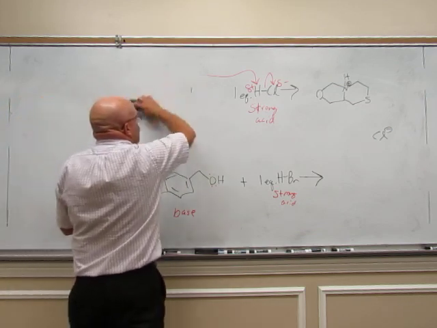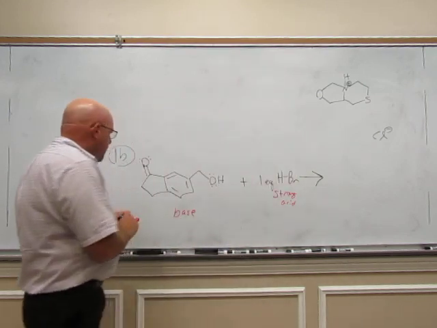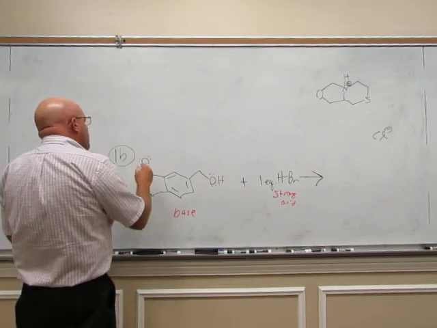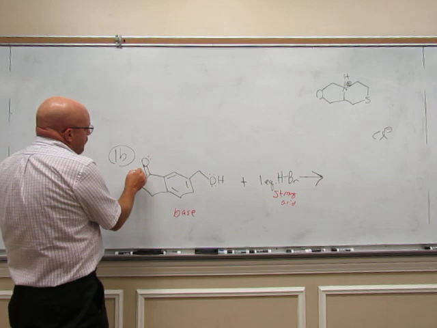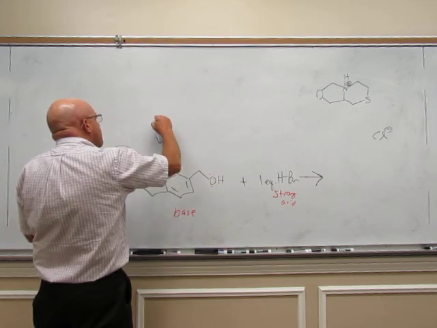Now it does matter. They're both oxygens. But if we were to take a look at the resonance, the carbonyl has resonance up onto the oxygen. This one has no resonance, so let's look at our resonance structure.